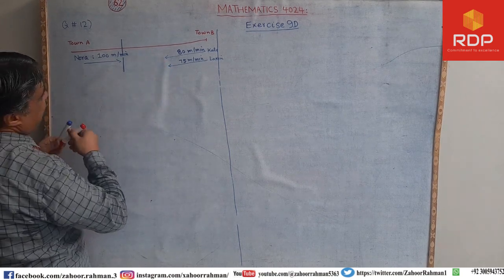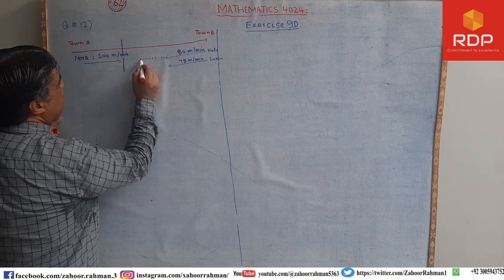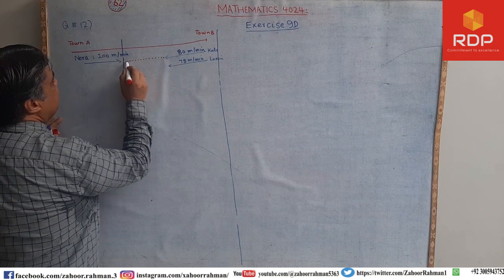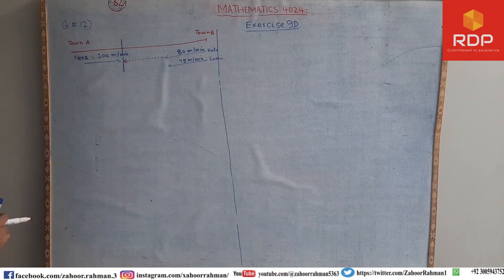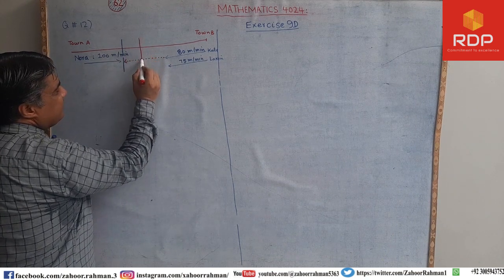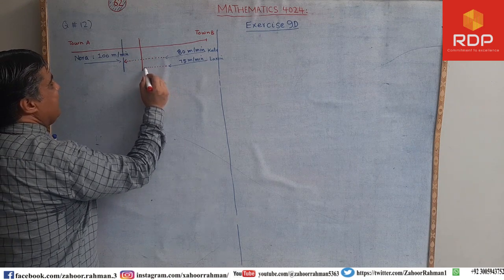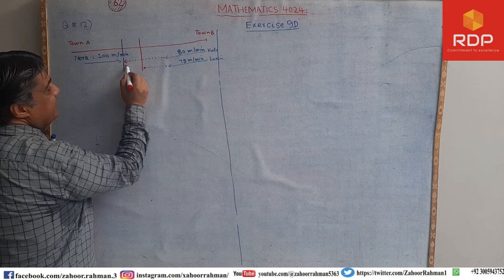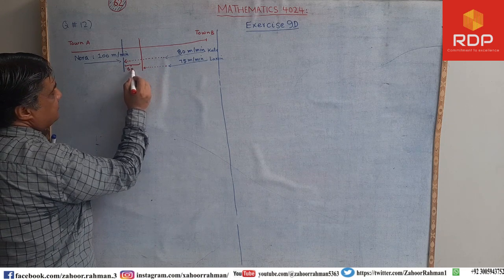I am marking it with the red one: Nora met with Lexon after 6 minutes. Here it is. Then they meet Lexon, and here 6 minutes have passed.